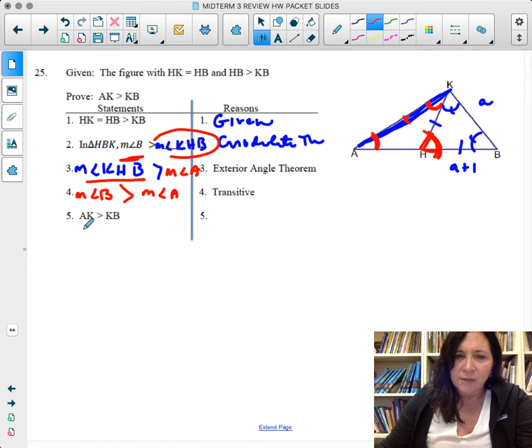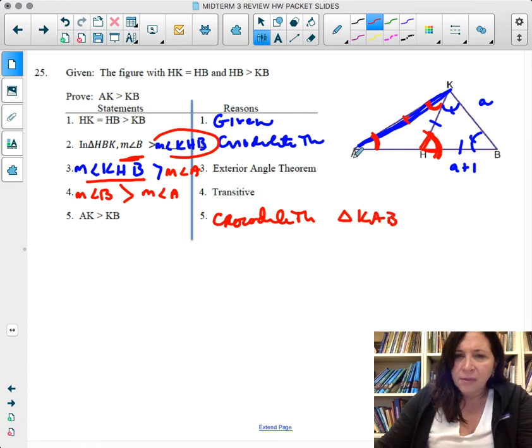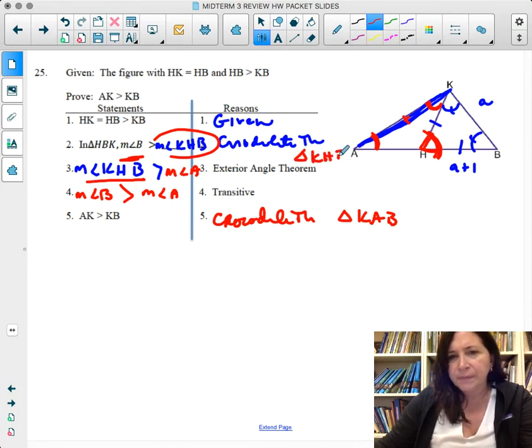Lastly, you have AK is greater than KB, the Crocodile Theorem. And for this one, you're using triangle KAB. The other one, when we were using the Crocodile Theorem up here, we were using triangle KHB.